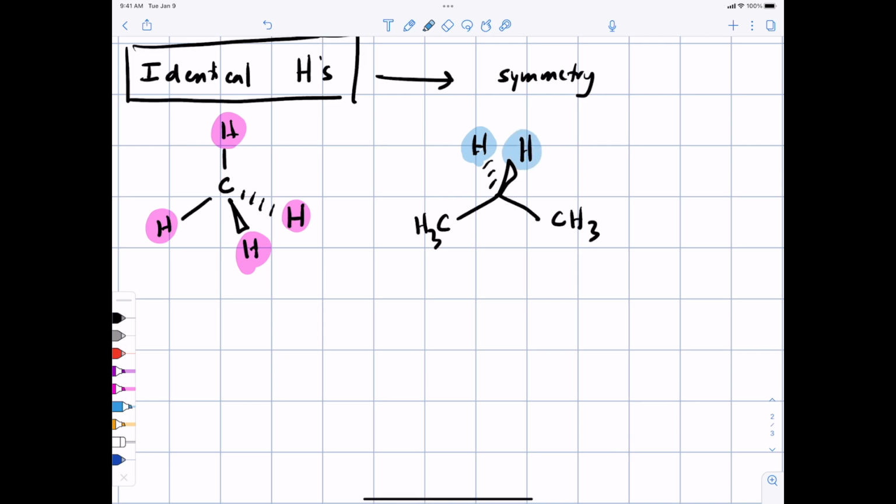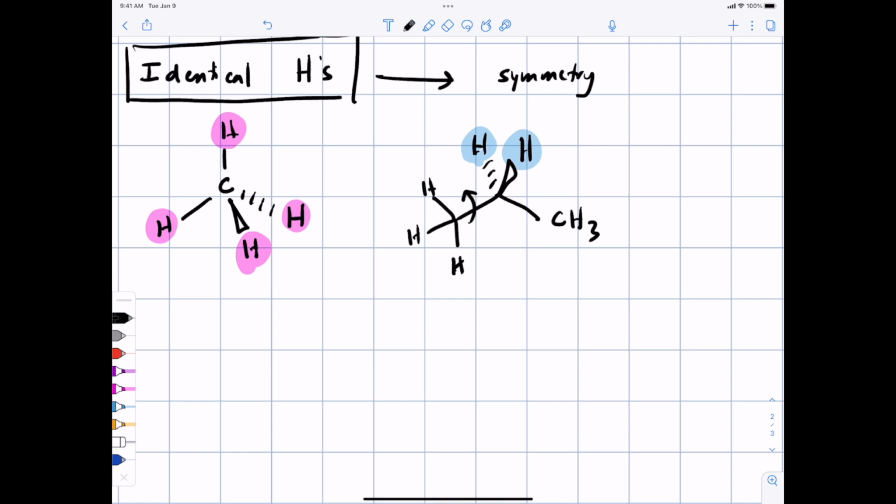By the way, methyl groups, how are those protons identical to each other? Because I can spin around a carbon-carbon bond to interchange their positions, and I can do that fast enough that on average you can't tell the difference between those 3 protons. All right?